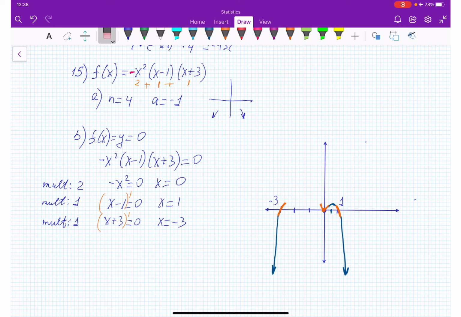So I am just going to show that it's going to go like this.